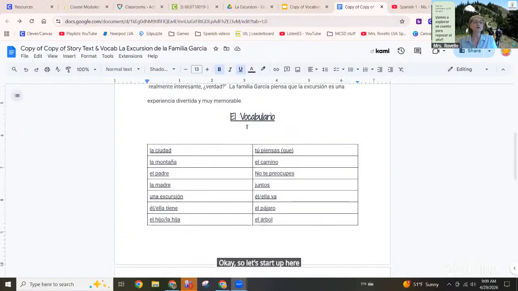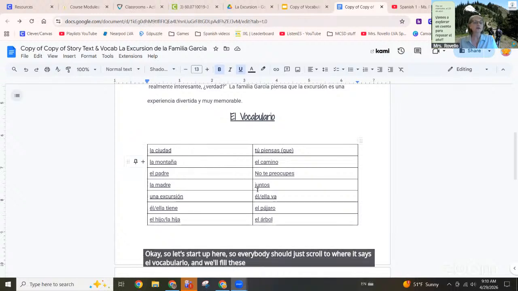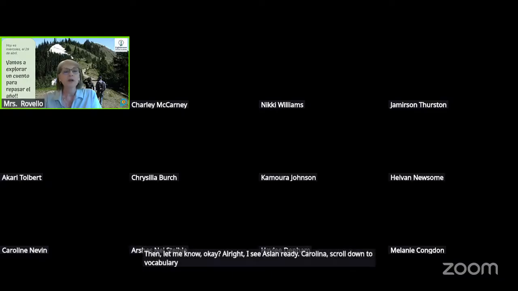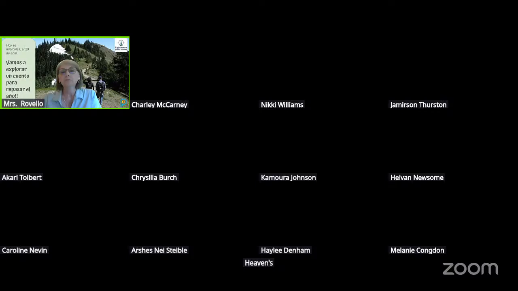So everybody should just scroll to where it says El Vocabulario, and we'll fill these in. You're just going to type in English. So if I go too quickly or if I go too slowly, because I always feel like I go too slowly, then let me know. Okay. All right. I see Aslan ready. Catalina, scroll down to vocabulary. Heaven's ready. Haley, you're getting there. James is ready.